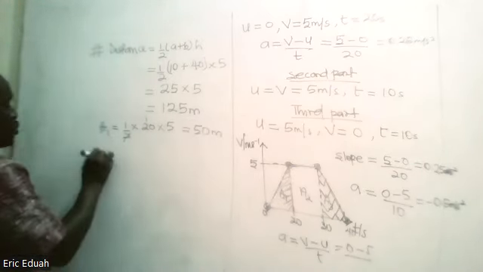Area 3, the base is 10, the height is 5, this is 25. This plus this is 100 plus 25, 125.